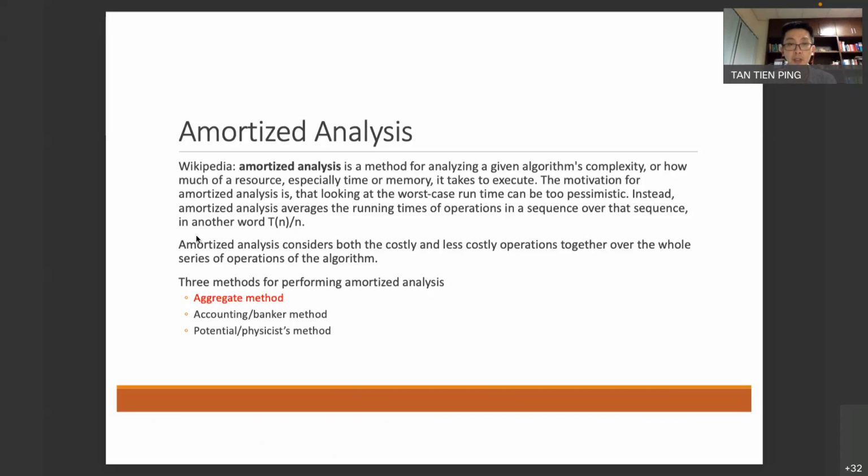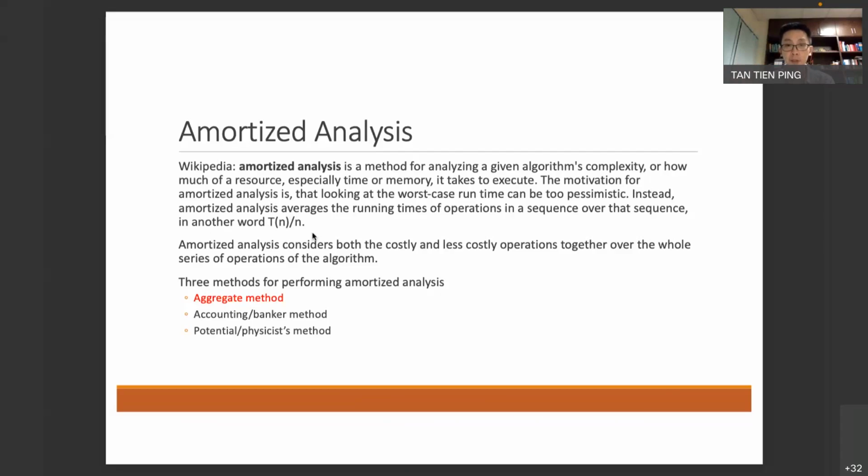So in other words, how we do amortized analysis is by getting the total, for example in terms of time, the time complexity, and then dividing by n.